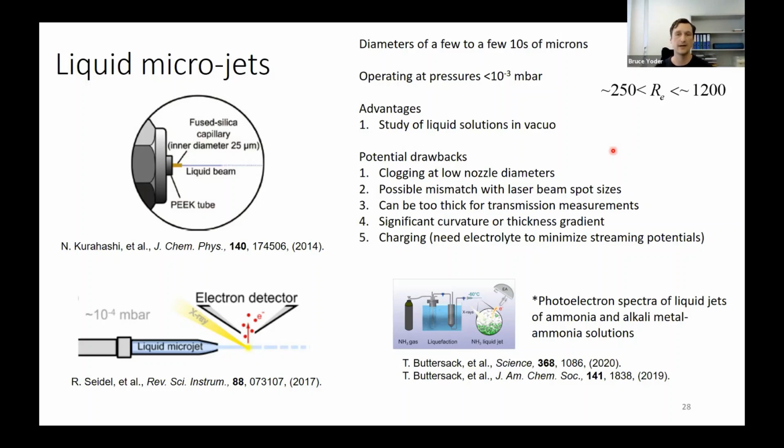Over the last couple decades, liquid microjets have been developing quickly and opening doors to several studies that were not previously possible, like photoelectron spectra of something as volatile as liquid ammonia or liquid ammonia alkali metal solutions.